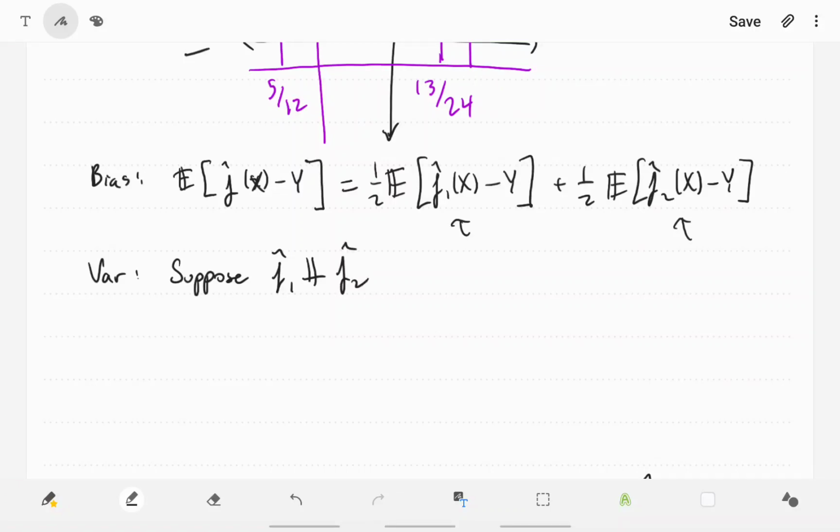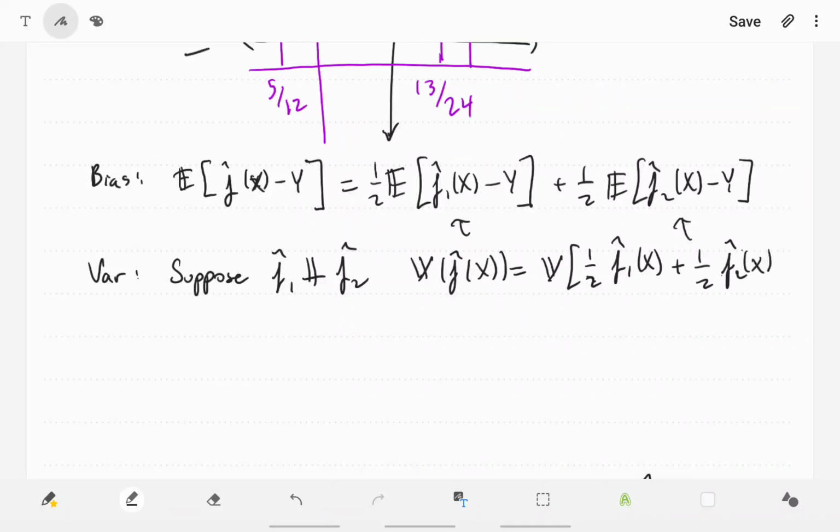That these predictions are independent of one another. Then the variance of f hat of x is equal to the variance of 1/2 f hat 1 of x plus 1/2 of f hat 2 of x.